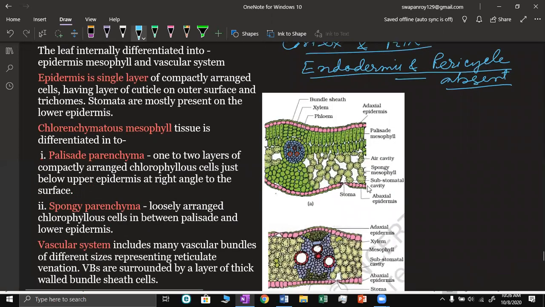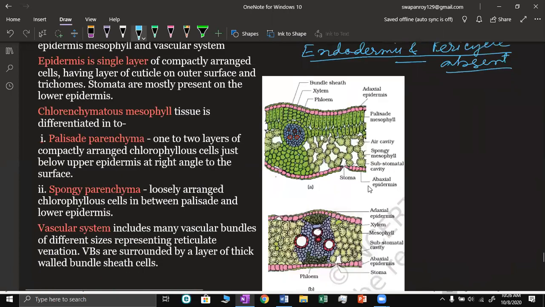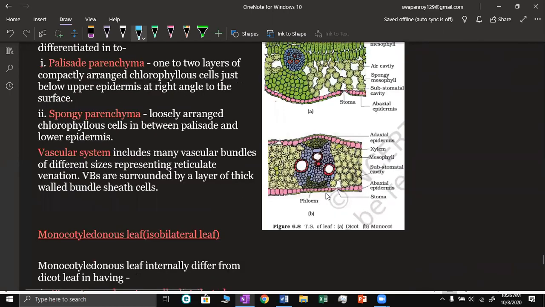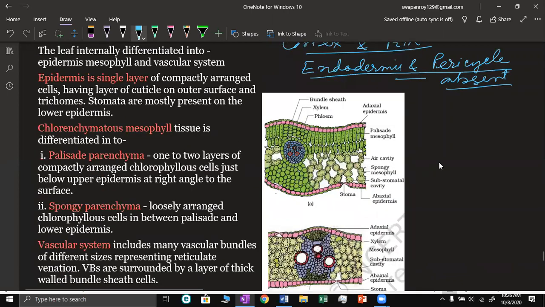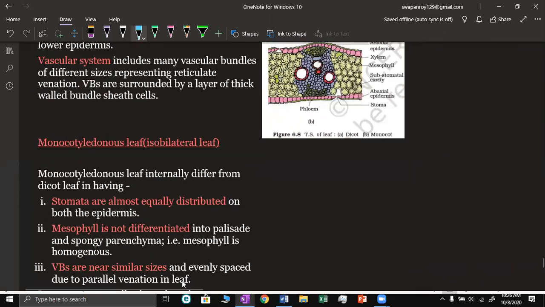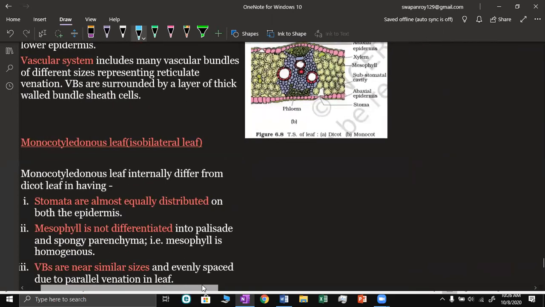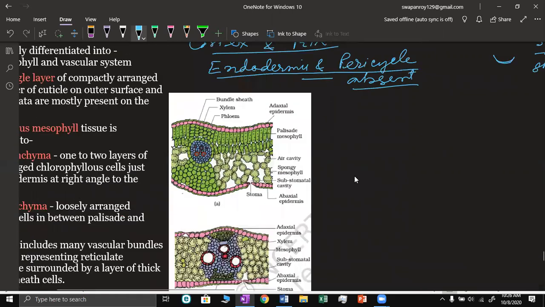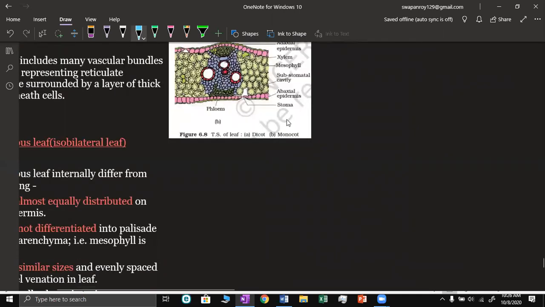Now let us come to the anatomy of the leaf. Leaf anatomy, where the vertical section is cut. So leaves also, monocot leaf, dicot leaf.